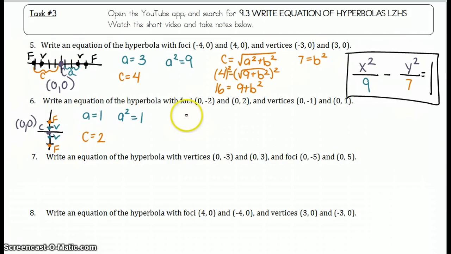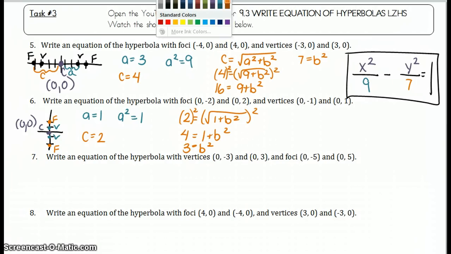Again, if I plug into my formula what I know, and square each side to get rid of the radical, I can see that b squared is a value of 3.